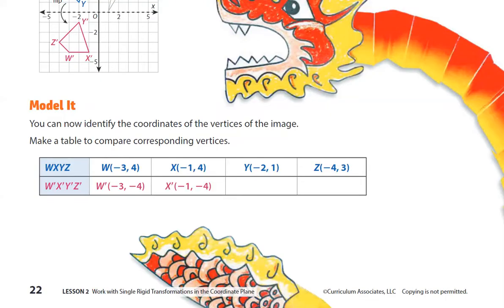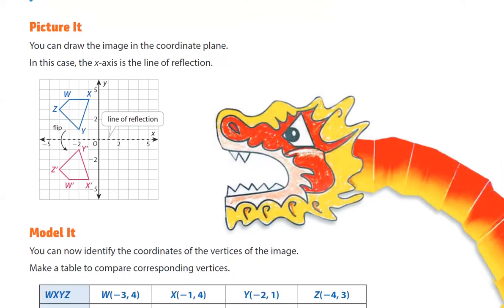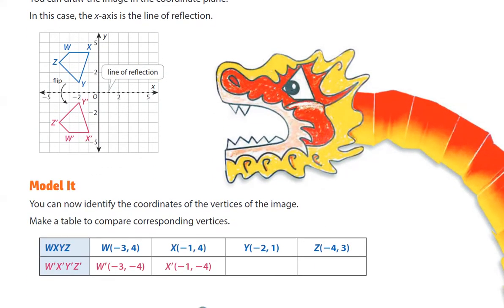Okay, so let's look at the differences. We're reflecting across the x-axis, right? This flip here. So the x coordinates aren't changing. See, it goes through the x at the same spot. But the y's are changing by a lot.